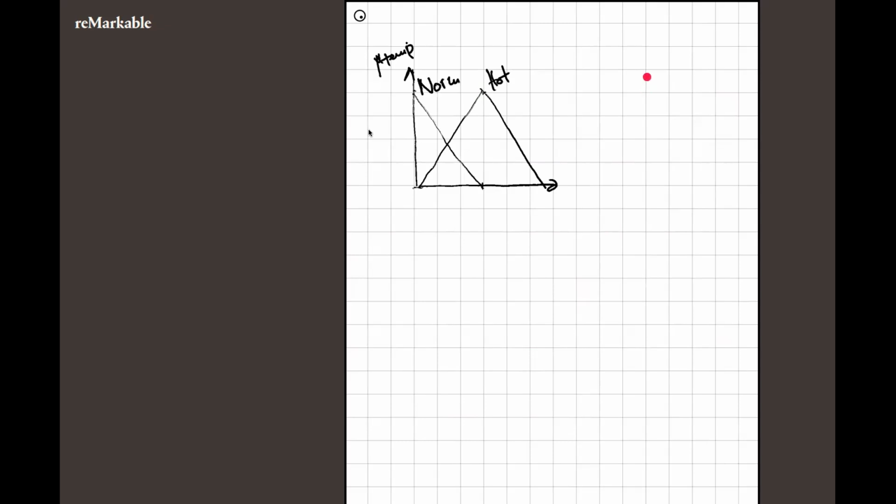And similarly, we have mu pressure. Again, here we have, say, norm, and we have here low.